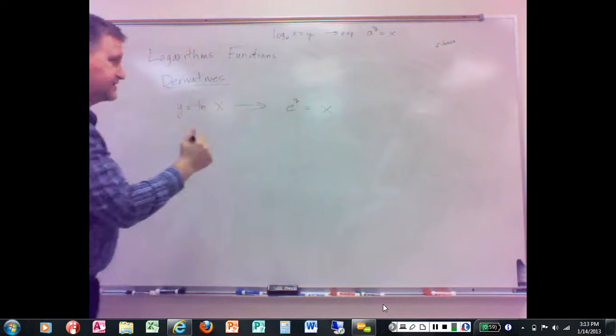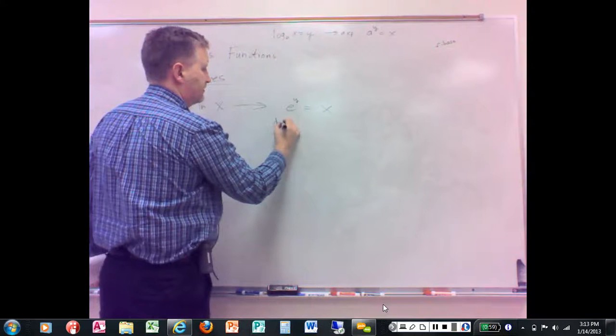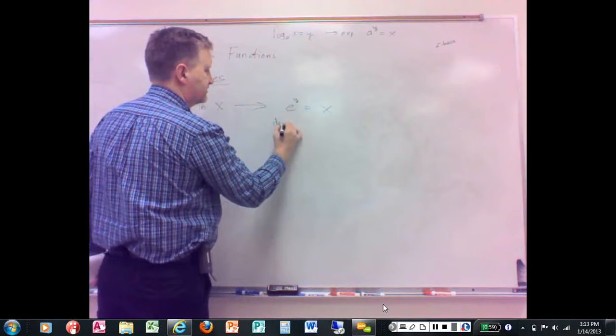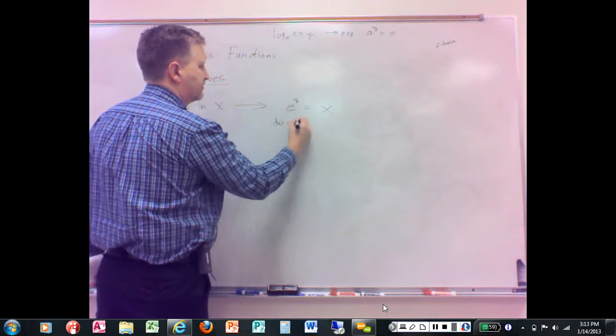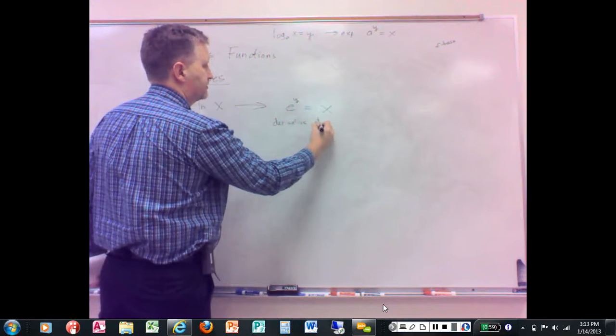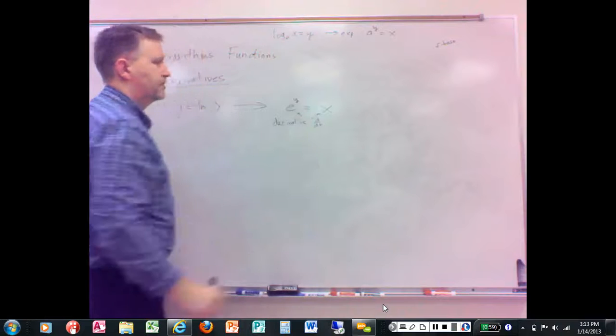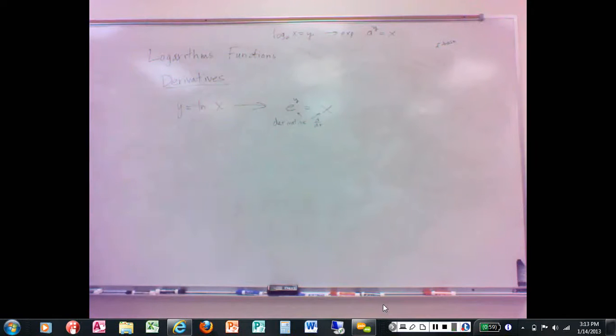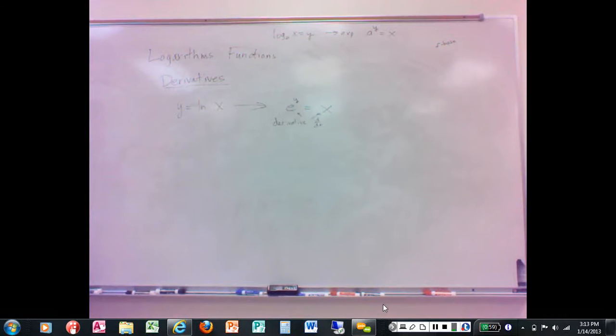Now the thing of it is, let's do the derivative. Let's d dx both sides. What's the d dx of e to the y? Well, e to a power is just e to a power, right?